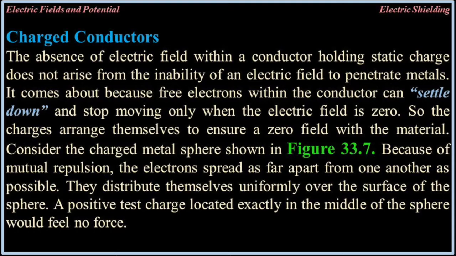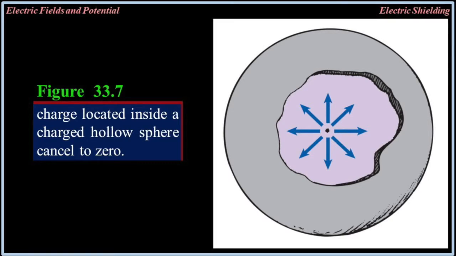Because of mutual repulsion, the electrons spread as far apart from one another as possible. They distribute themselves uniformly over the surface of the sphere. A positive test charge located exactly in the middle of the sphere would feel no force.